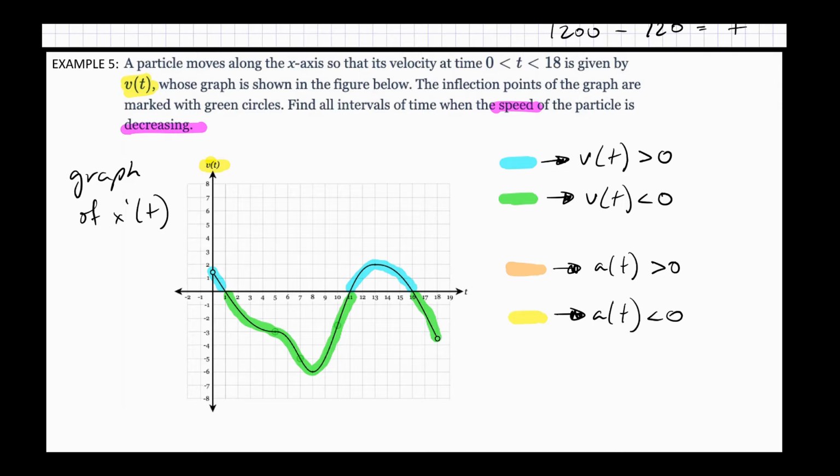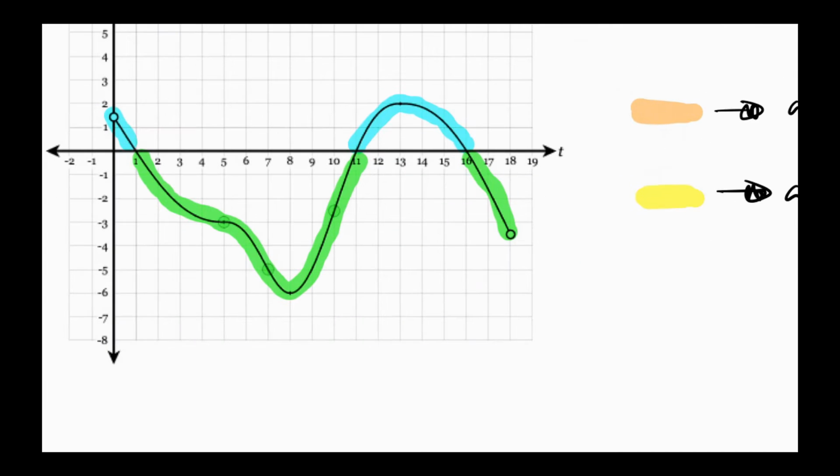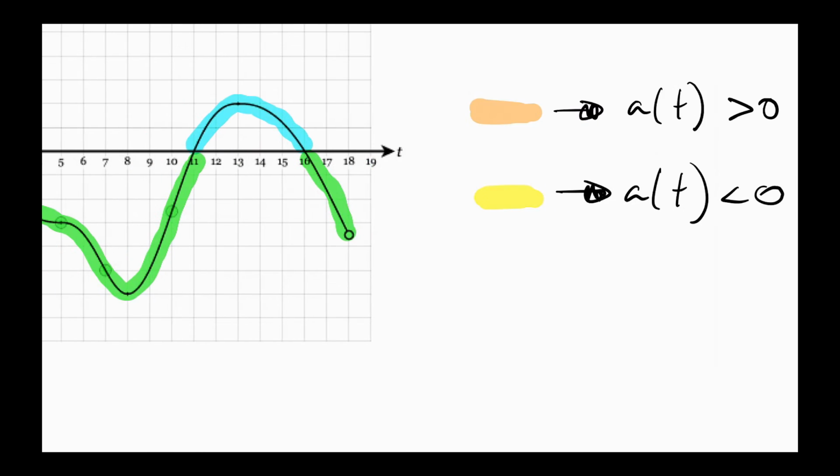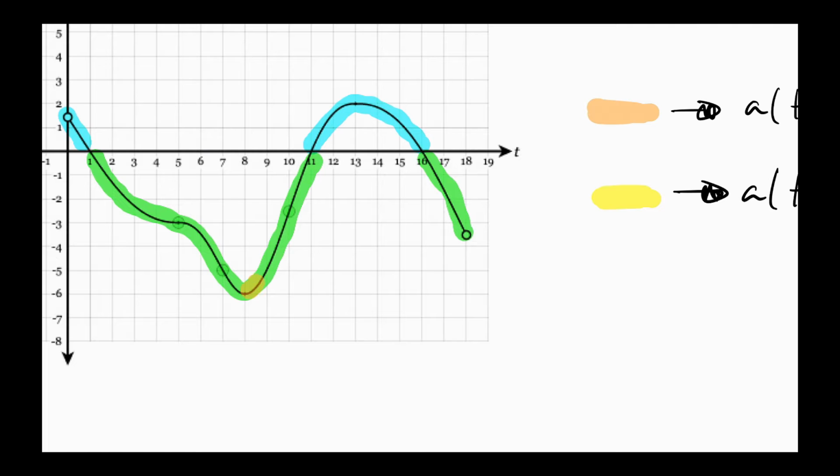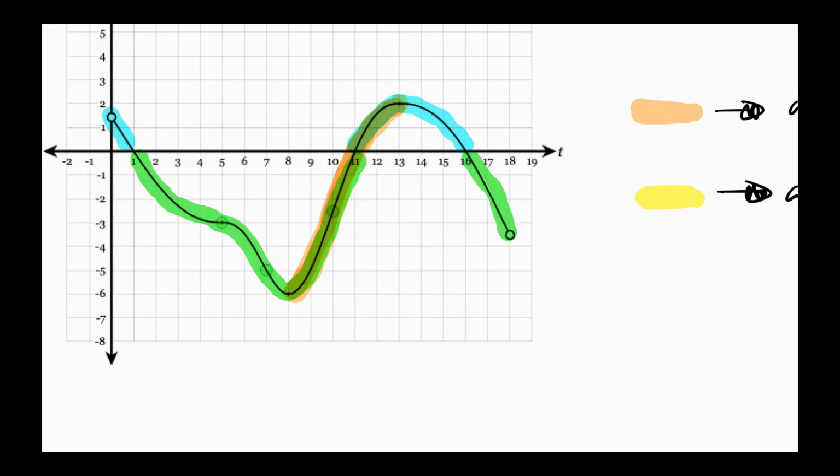Sometimes they are. Okay, so let me go back. Increasing first. Well, it's increasing here and stops right there. I think that's where it stops. And then the rest of it is decreasing.